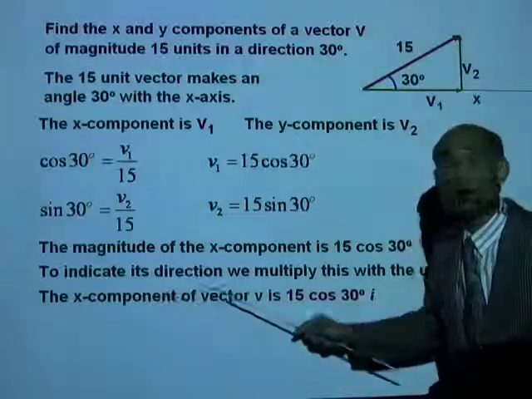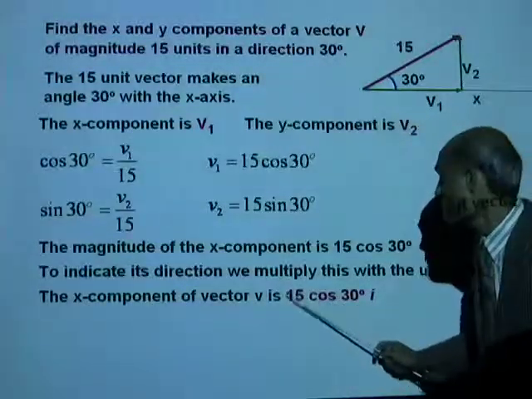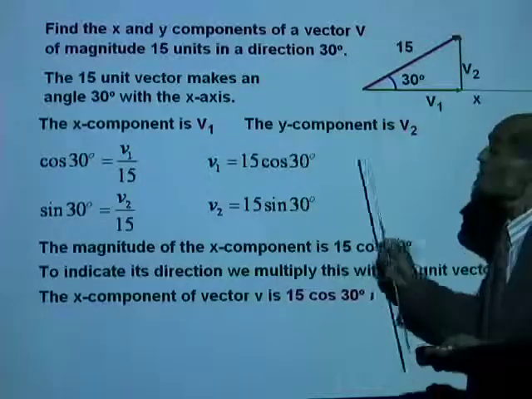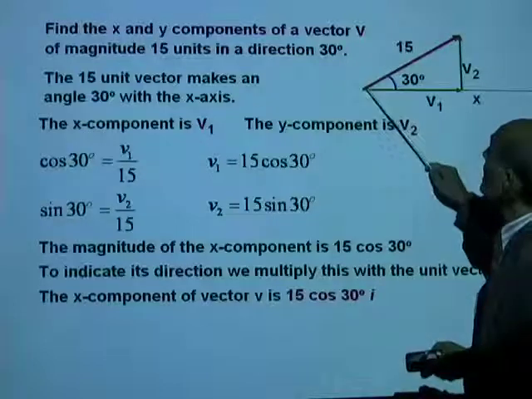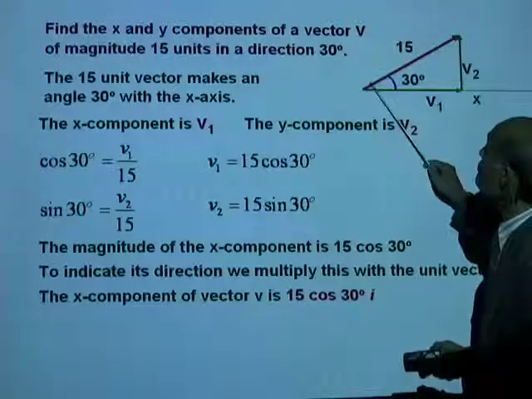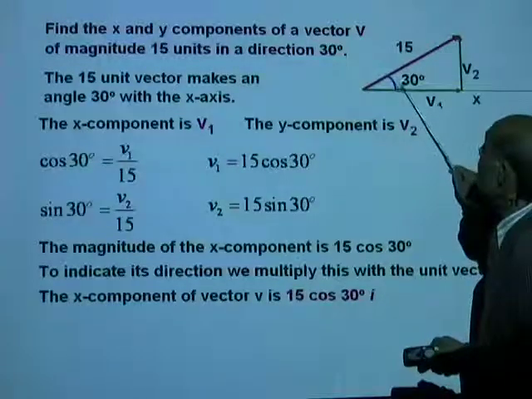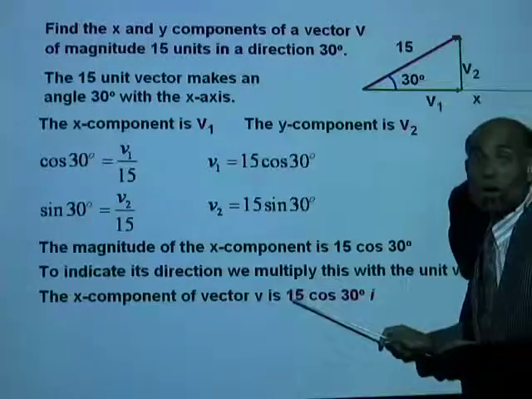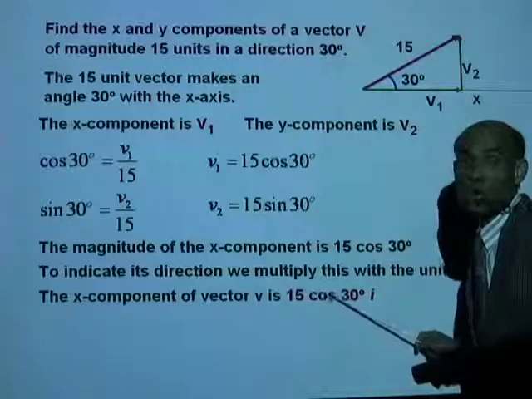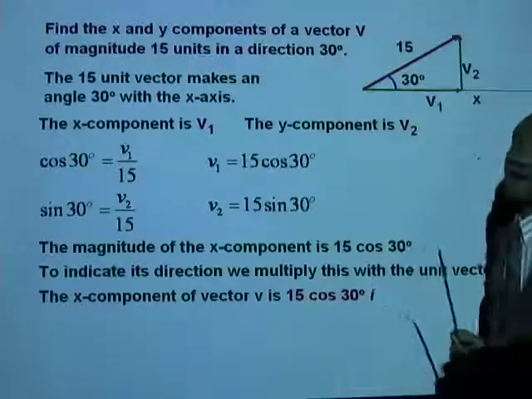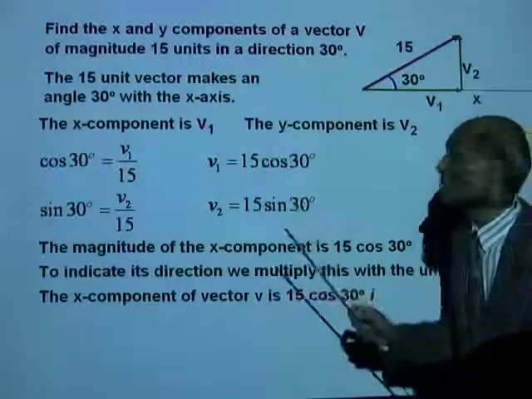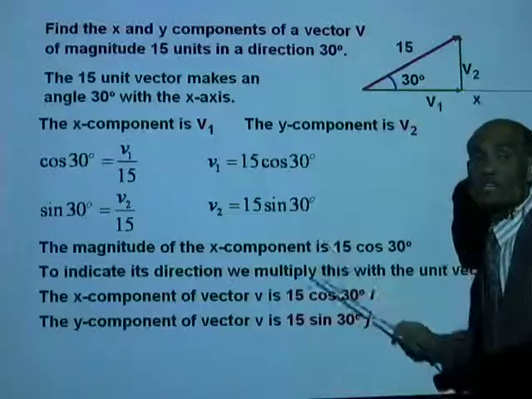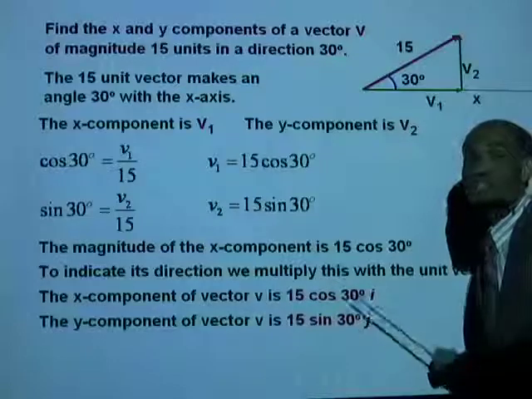Therefore, the x component is 15 cos 30 degrees i. Look at this, a very important piece of information. A vector of 15 units at an angle 30 degrees with the x-axis has an x component 15 cos 30 degrees i, and what is the y component? The y component will be 15 sine 30 degrees j.